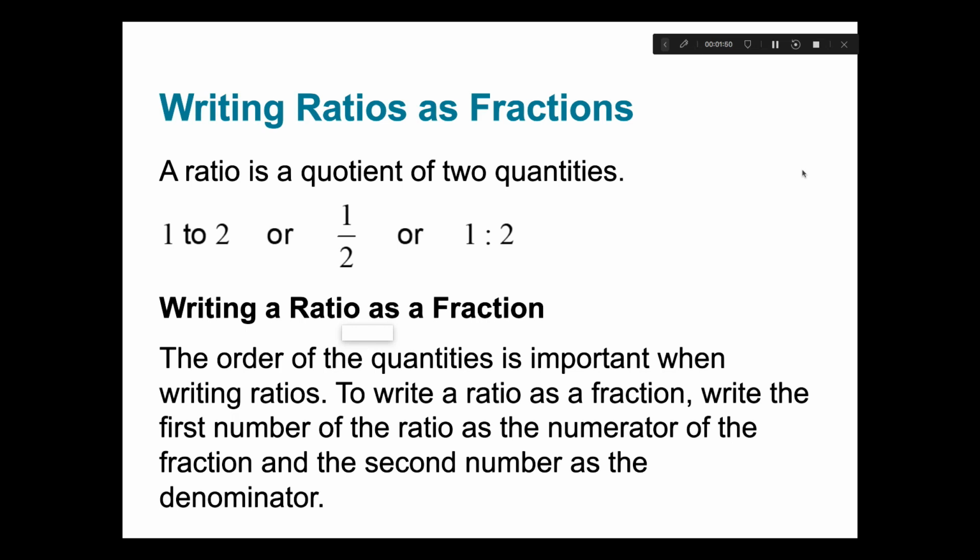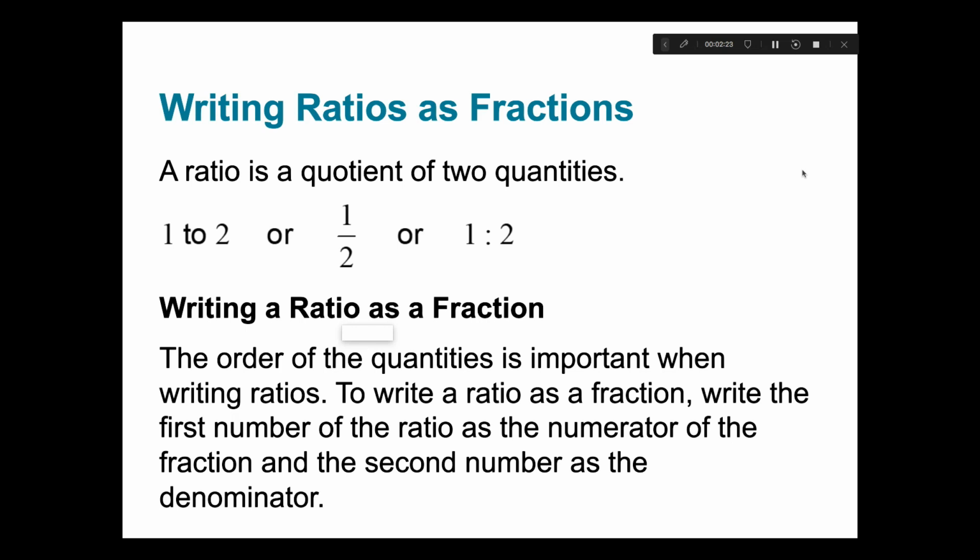You write quotient of two quantities. So when I say we're working with the quotient of two quantities, what does that mean we're doing? Quotient means we are dividing. We're going to divide those two things.